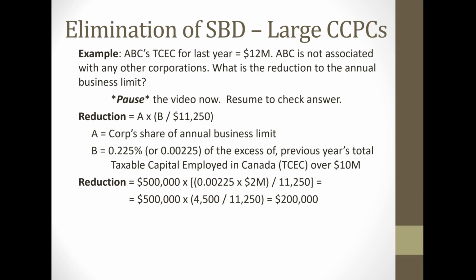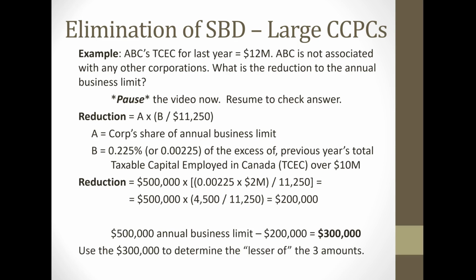And so the amount that would be available would be the annual business limit of 500,000 minus the reduction of 200,000. So this company would still have $300,000 available for the small business deduction. So that's how the reduction formula works for large CCPCs.